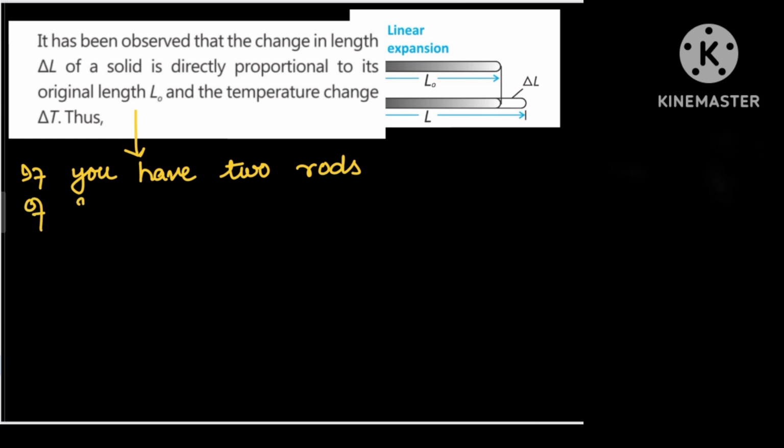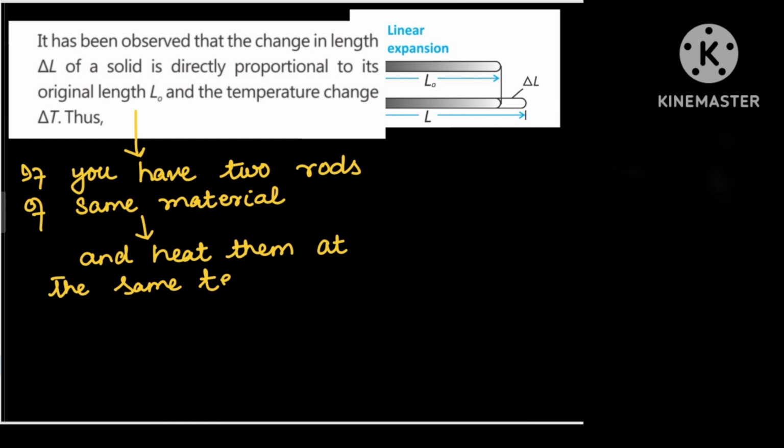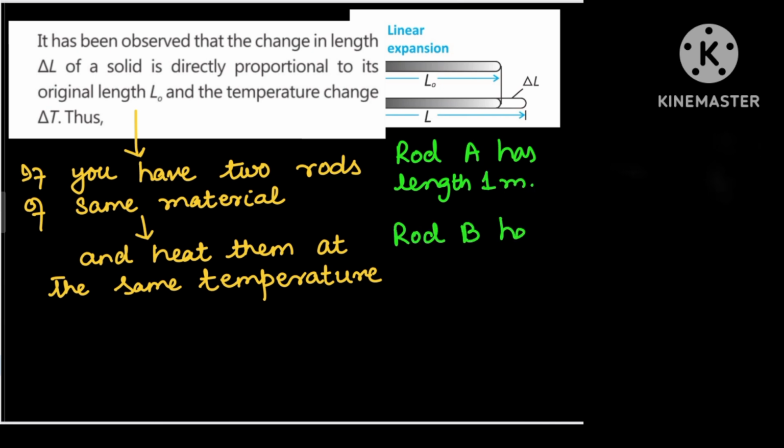It means that imagine you have two rods of the same material, rod A with original length 1 meter and rod B with original length 2 meters. Heat both rods to the same temperature. The increase in the length of rod B is 2 millimeters, and in rod A it is 1 millimeter.